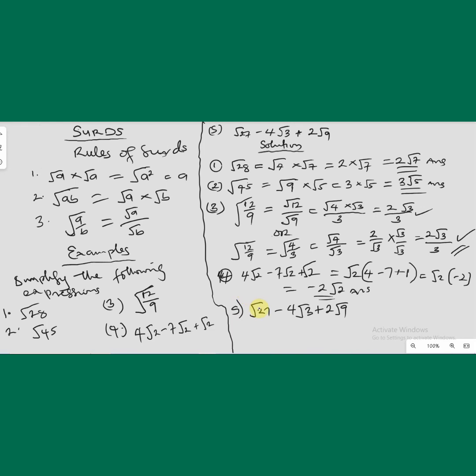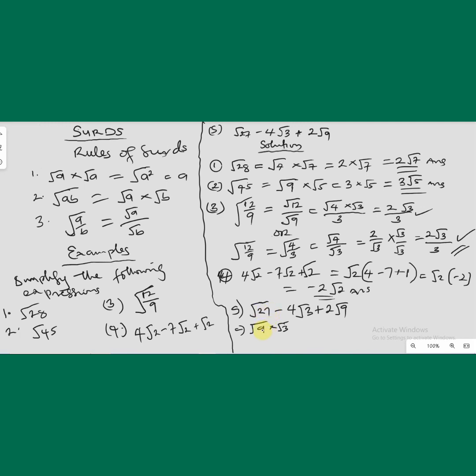But first of all, I need to break 27 down, because you know that 9 times 3 is 27. So I'm going to write, this is the same thing as square root of 9 times square root of 3. Remember, square root of 9 times square root of 3 is going to give me square root of 27.